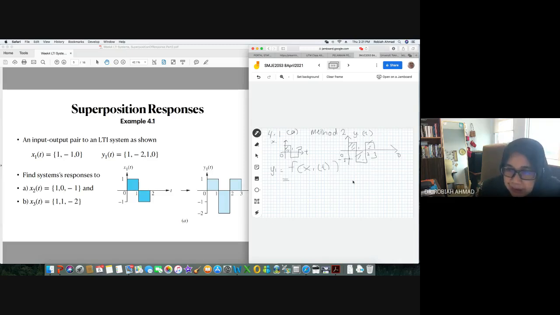To get this, we need x1 plus the reversal of x1 shifted to the right, so plus minus x1(t minus 1).